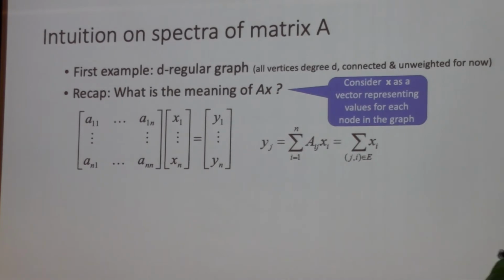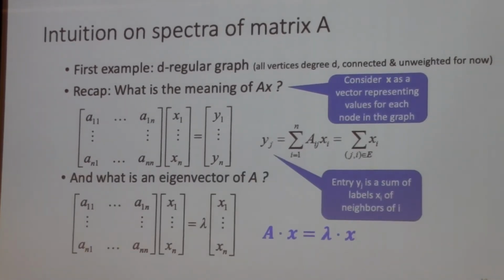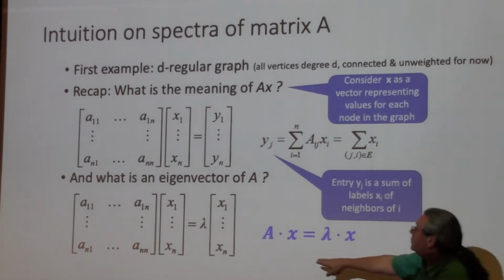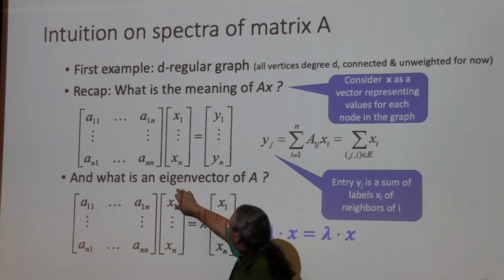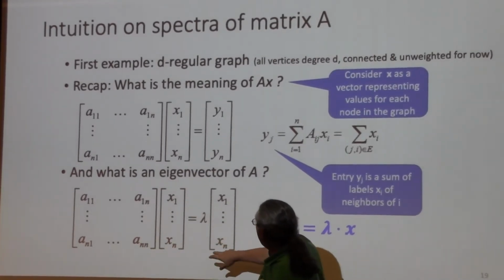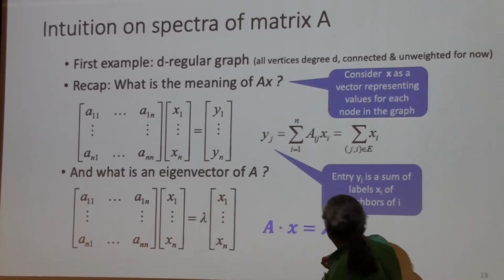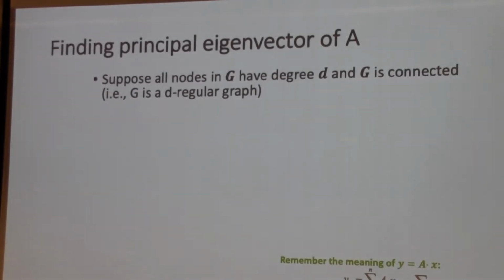This is the formula. And an eigenvector is this. To write it out completely, we have this: A times the vector x as a column vector is lambda times the column vector.